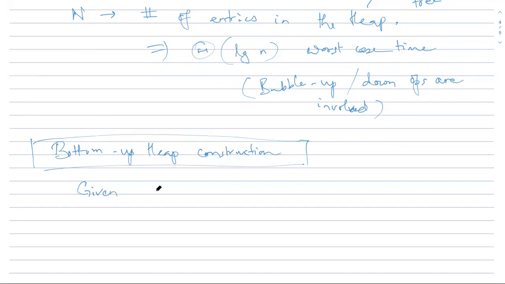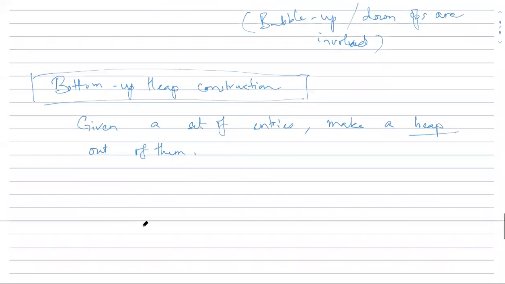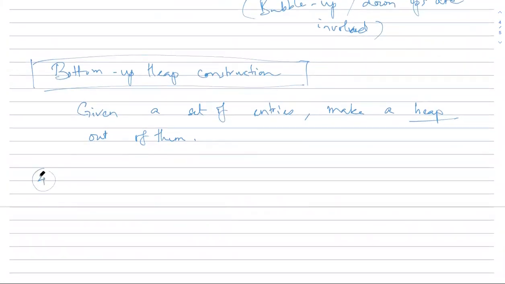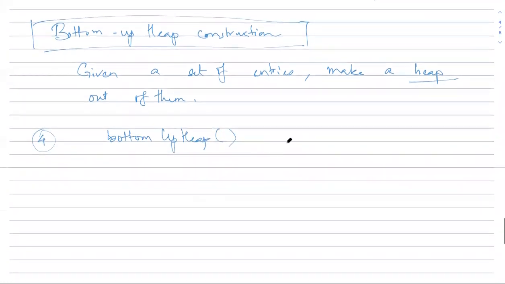So given a set of entries, the goal is to make a heap out of them. So this is our goal. So this is our bottom up heap operation.